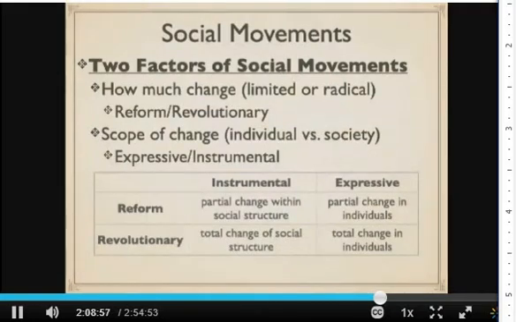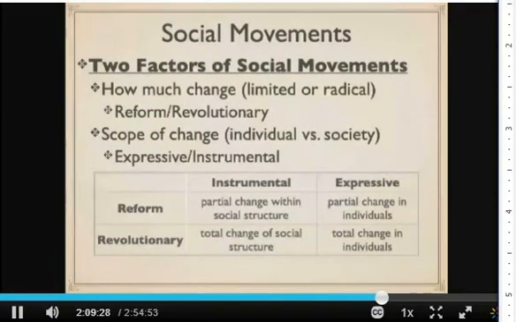Social movements that fall into this category would be things like the civil rights movement. The civil rights movement wanted partial change in society, specifically change related to race and inequality. But they wanted that change to happen at the structural level. They wanted society to change, laws and rules and expectations and norms, at the societal level.